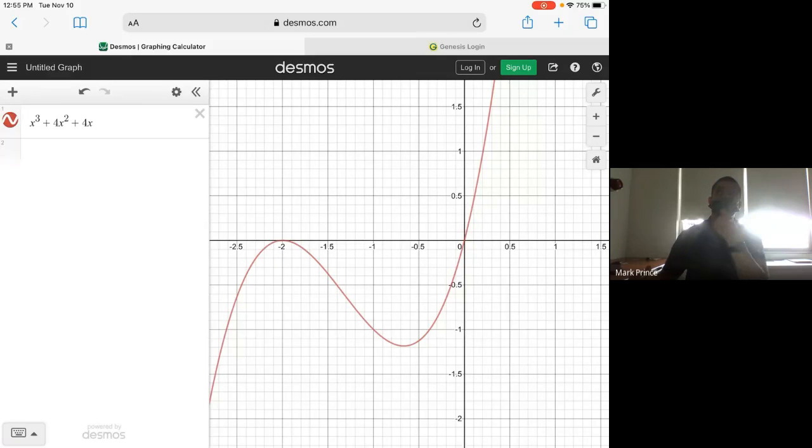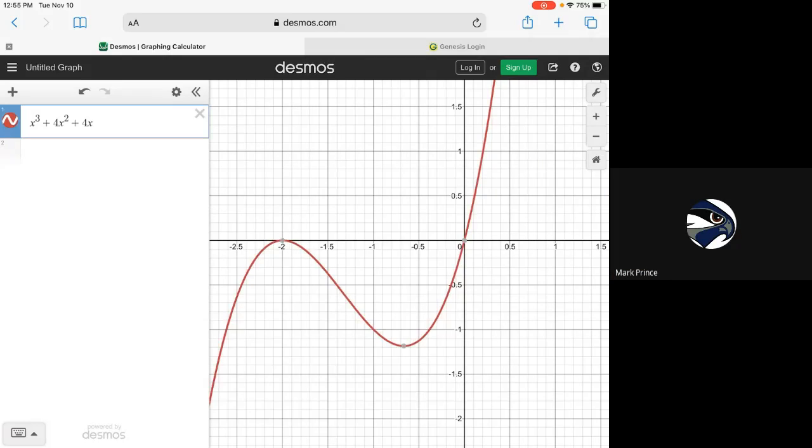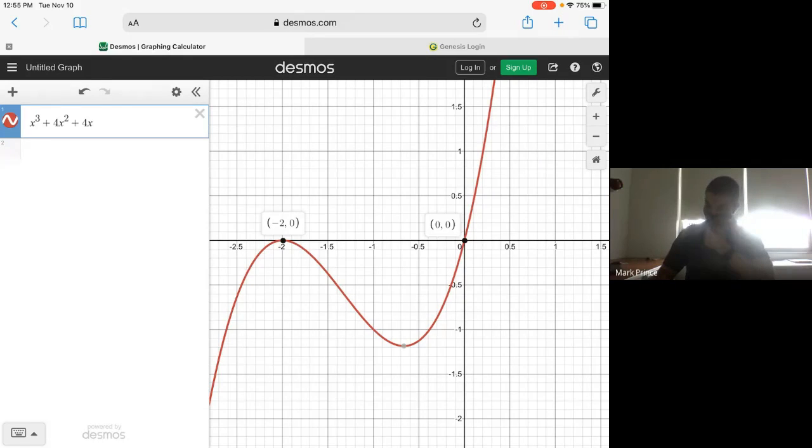The big points we need to write down are where my zeros are, my x-intercepts. And then I also want to know where this bend is at. I'm going to write this down in the notes, but this is how I would do it. I would just use Desmos or a graphing calculator, and I figure out what the graph looks like.